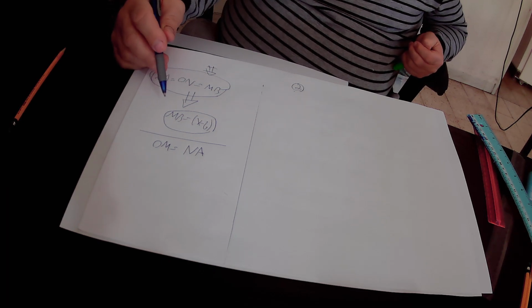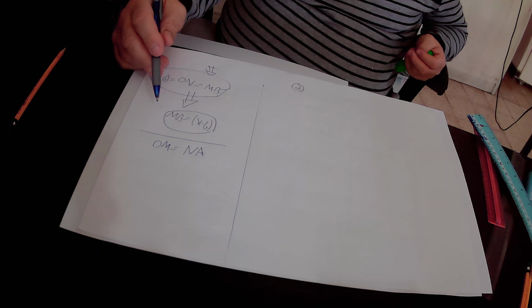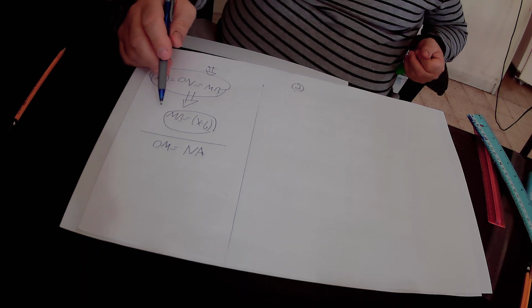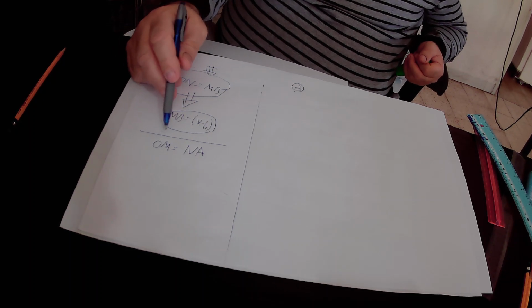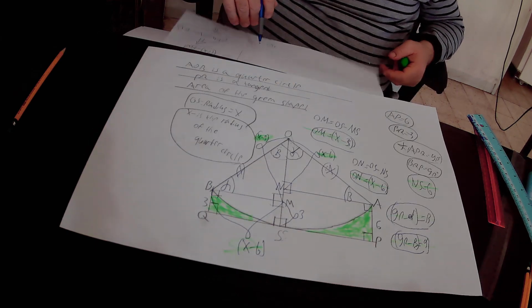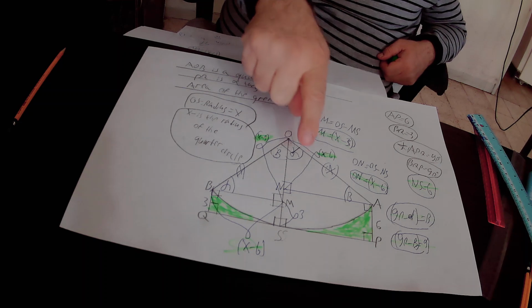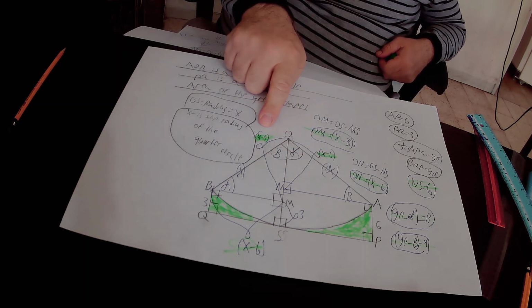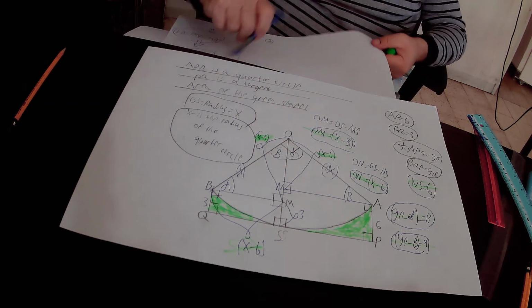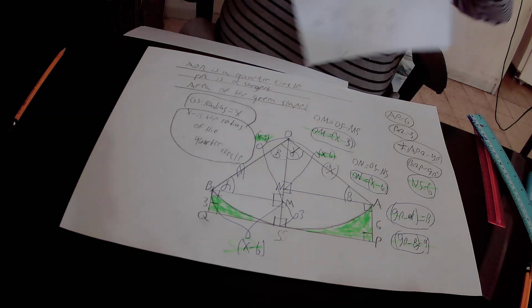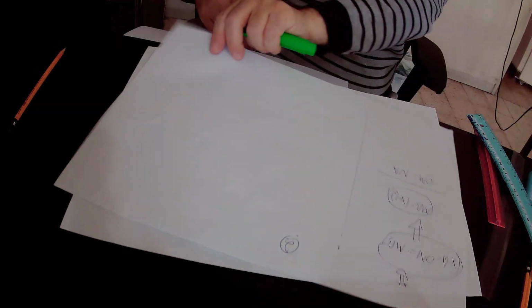This is according to the same rule, that corresponding sides in congruent triangles are equal to each other. But we have already found that side OM is equal to x minus 3. So we can write here that OM equals x minus 3.